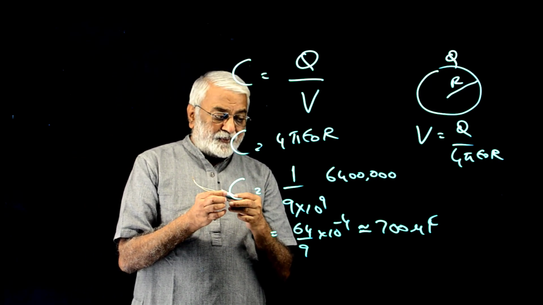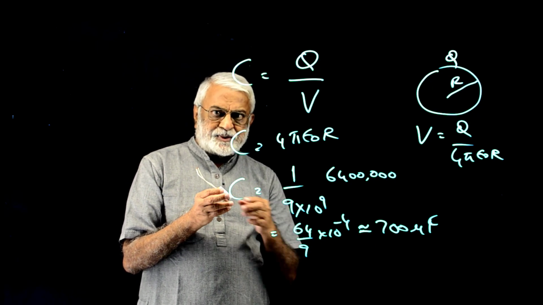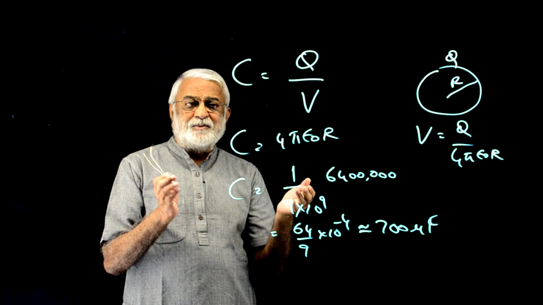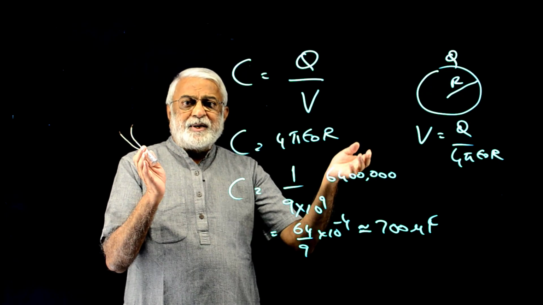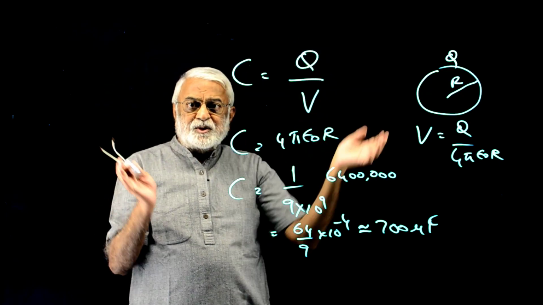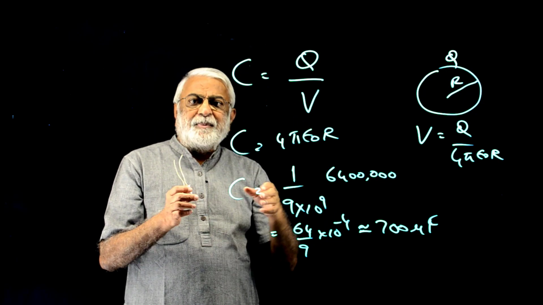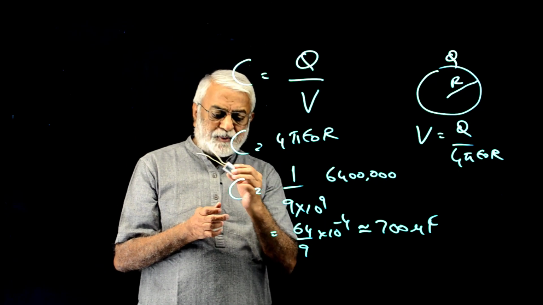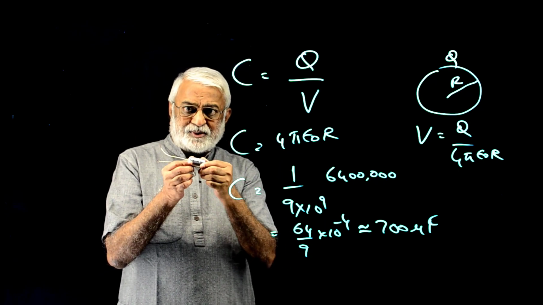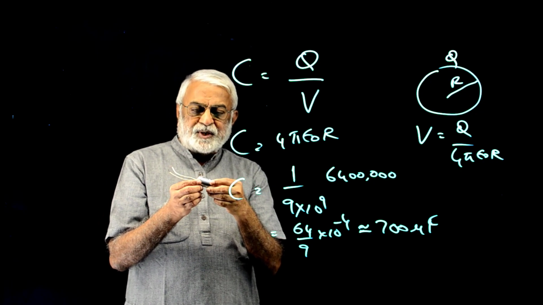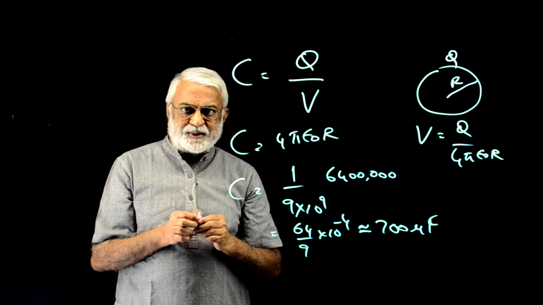Now, for Earth it is 700 microfarads, and you expect larger the size, greater the capacitance, because if the conductor is bigger, charge has more place to spread, potential would be smaller, and so capacitance will be greater. So this small object, this capacitor used in a fan, has a capacitance of 2.5 microfarads. That must be a bit of a surprise.